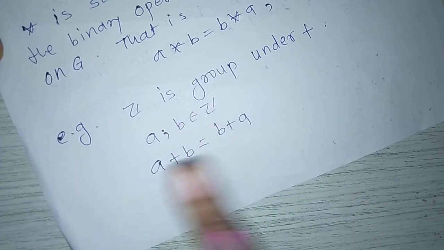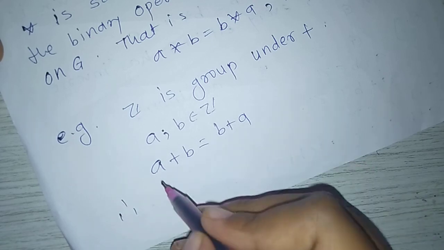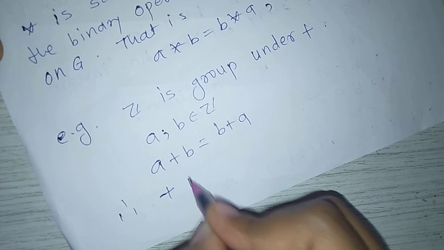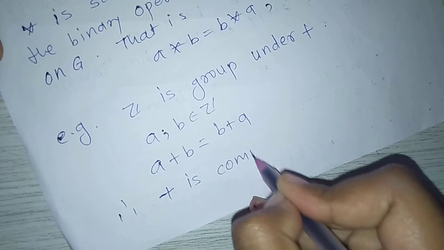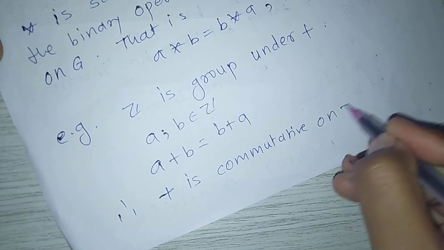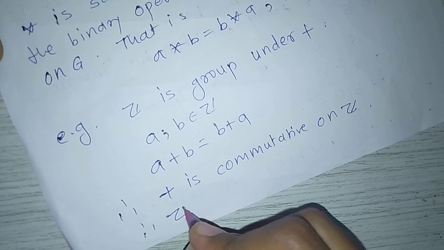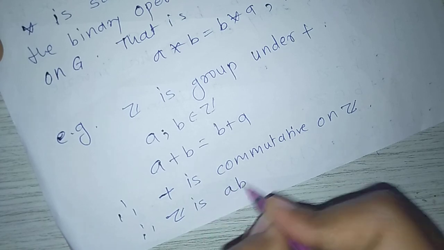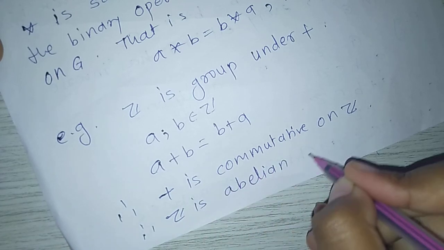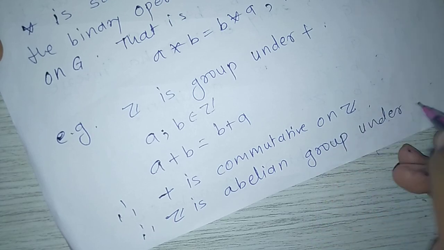That's why A plus B equal to B plus A. Therefore, addition is commutative on Z. Therefore, Z is abelian group under addition.